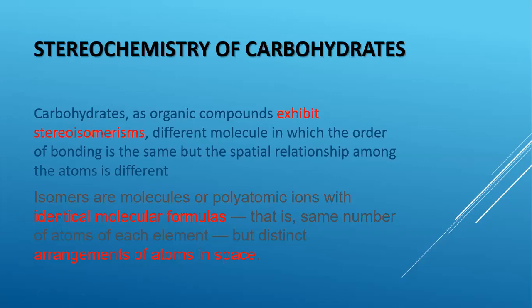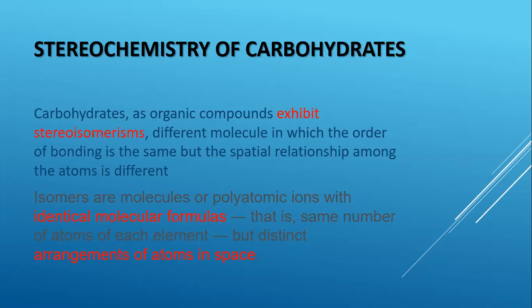As we go further, you will see the formula of glucose and fructose. You see that they are both the same, C6H12O6. But when you write the structure, you will see that the arrangement of the OH and the O's and the H attached to the C's to form these compounds are different.